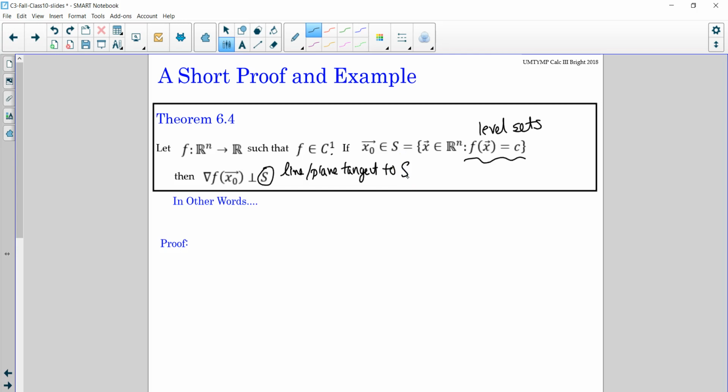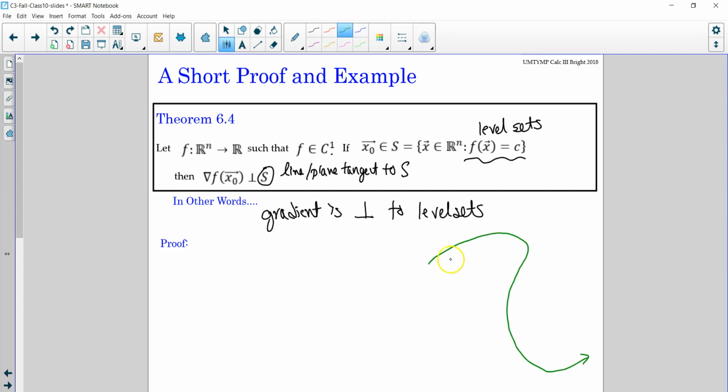Okay, so just as an idea, this is just that the gradient is perpendicular to level sets. And if we visualize this, just drawing some random curve here, something like that, and we're going to call this the level set f of x, y is equal to c.